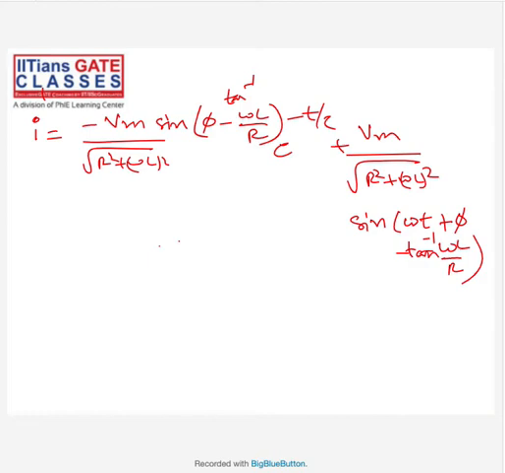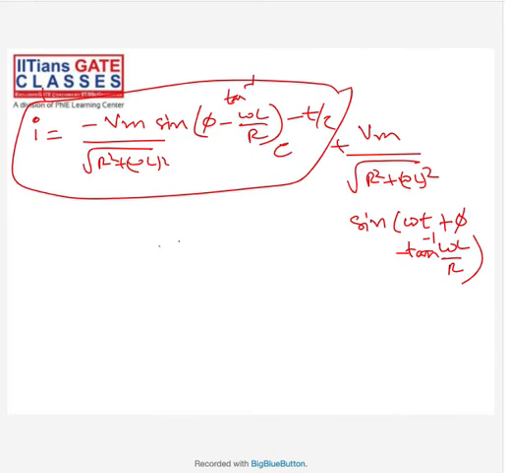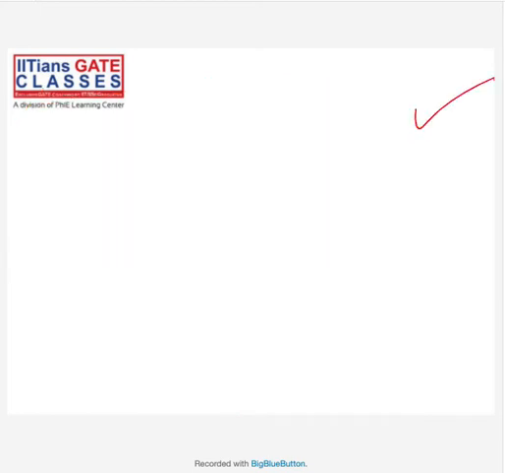So I want the transient free condition. Transient free in the sense this should be 0. Transient free condition when the switch is closed at t equal to 0. So I want the transient free condition.